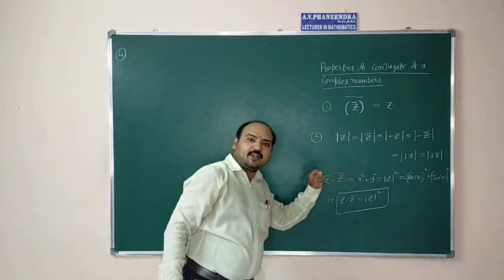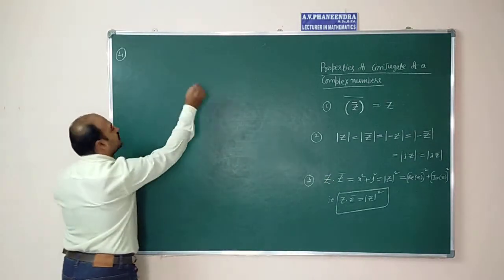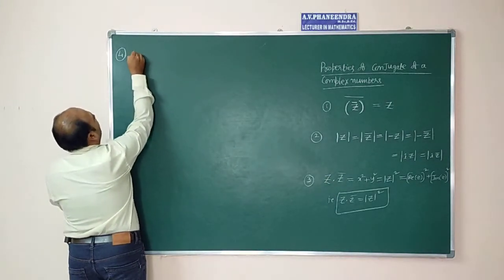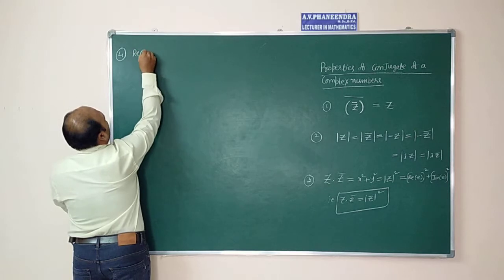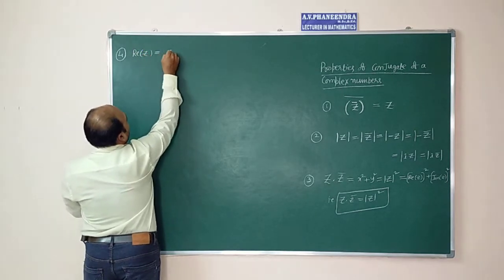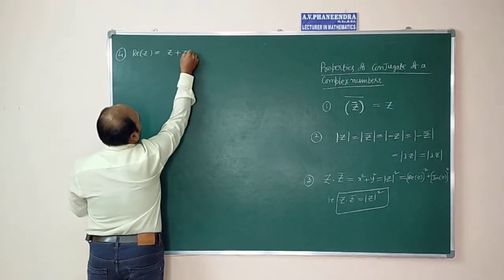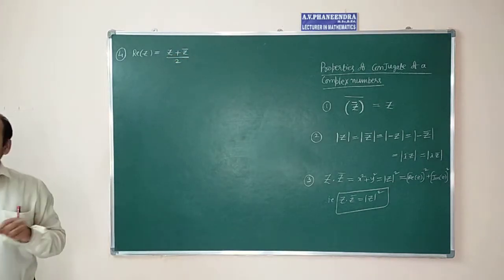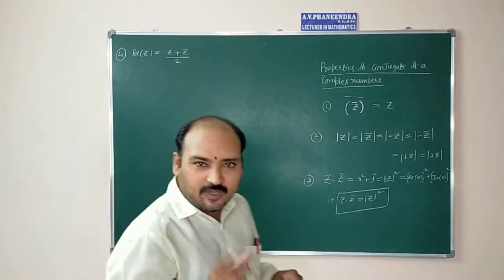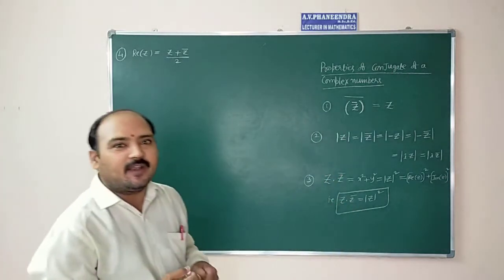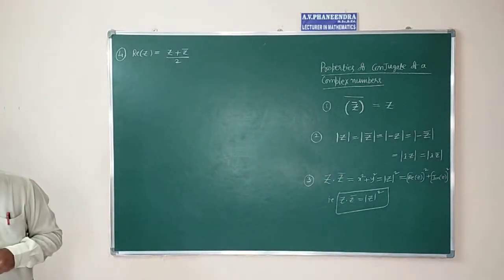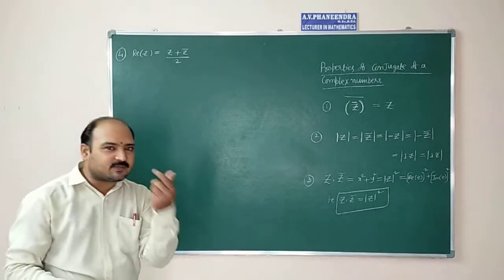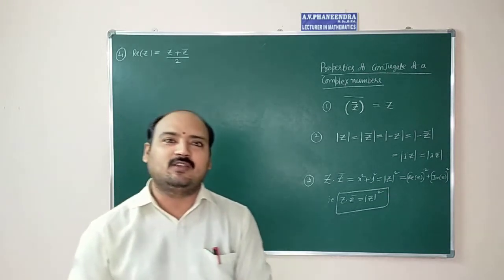The real part of z can be expressed as the sum of the complex number and its complex conjugate divided by 2. See, real part of z means what? x. That can be written as 2x by 2 also. 2x can be expressed as x plus iy plus x minus iy.